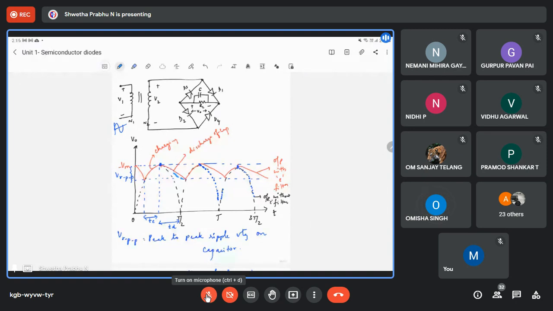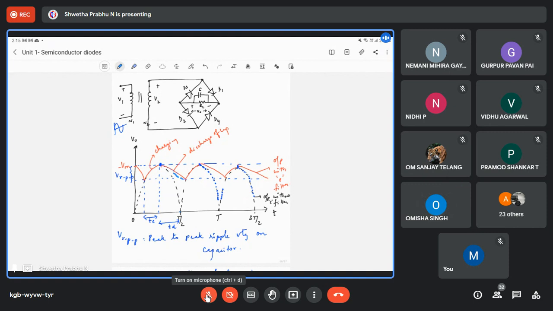Now you compare this waveform and this waveform, you can observe how much the ripple content has been reduced. When you closely observe the rectifier output without the C filter, you got 48% ripple content, right? But when you observe the filtered output, the red waveform, which is basically a triangular shaped waveform, the ripple content has reduced.